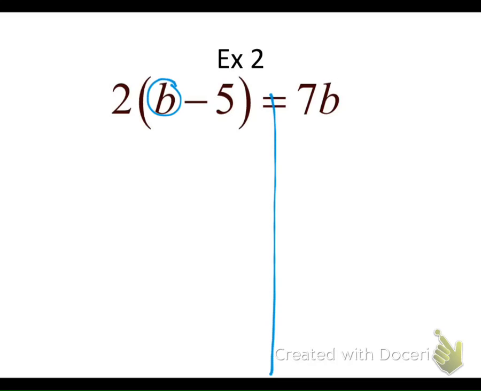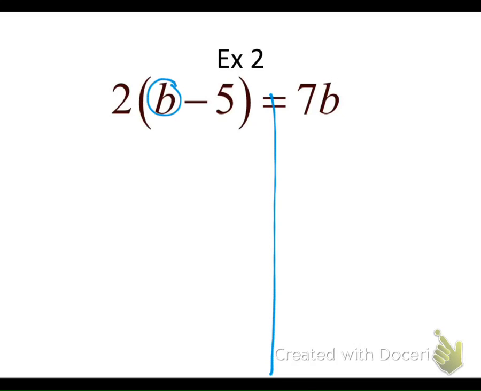So according to my notes, I am going to simplify each side of the equation. Just looking, do I really have anything to simplify on my right side here? No. So I'm going to ignore that until I get to step 2, because then I've got to get rid of that variable. So I'm first going to see if I can distribute. Can I distribute on my left? All right. So what's 2 times b?